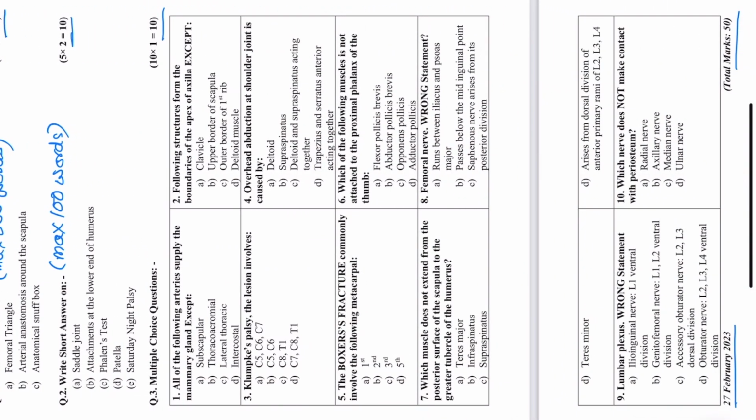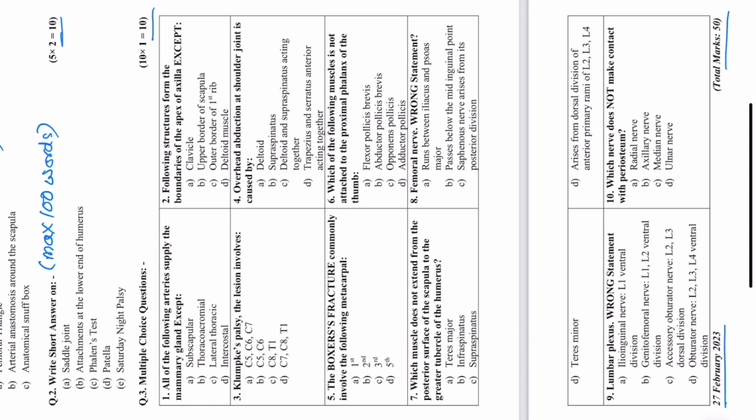Saturday night palsy is a compression of the radial nerve in the radial groove, and it's a neuropraxia type of injury, which is a transient compression of the nerve. Both sensory and motor impulse conduction is lost, and that's why there is numbness as well as wrist drop. Numbness will be along the distribution of the radial nerve, that is on the lateral half of the dorsum of the hand.